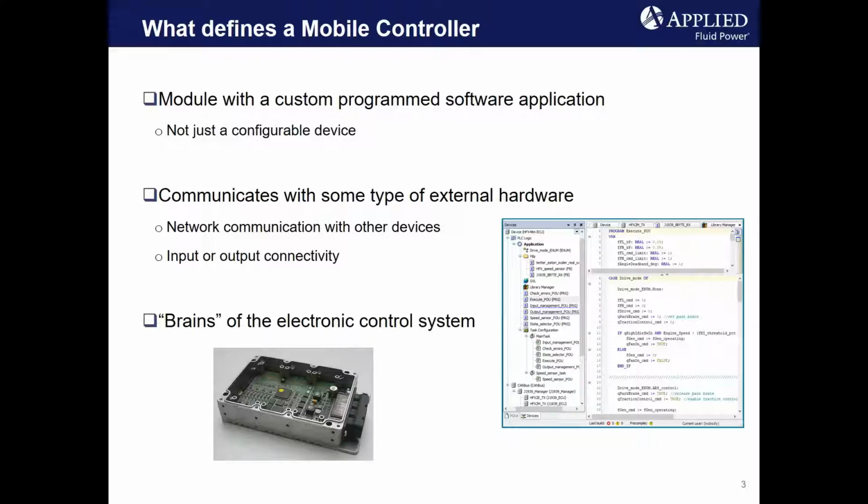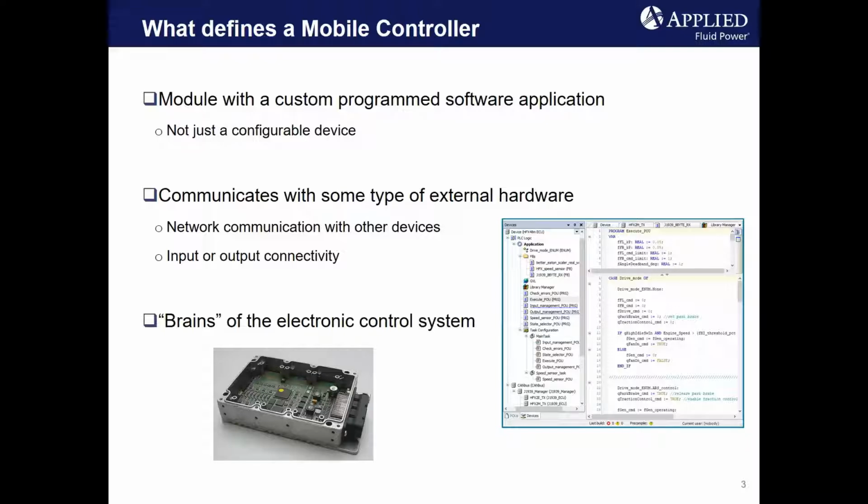The most common way to differentiate a mobile controller from other slave hardware is that a mobile controller typically has a custom programmed software application. This means that the code or logic application within the controller was created from a blank slate and was not just a device that had a couple of settings that needed to be configured.